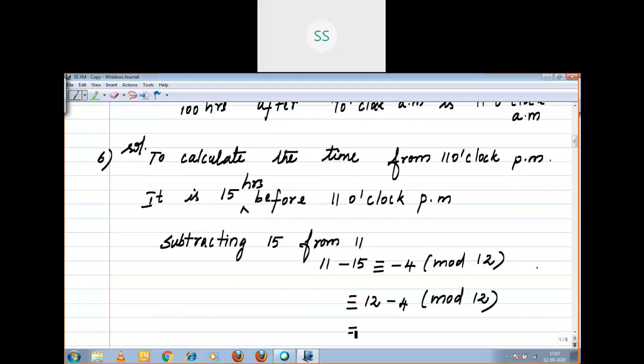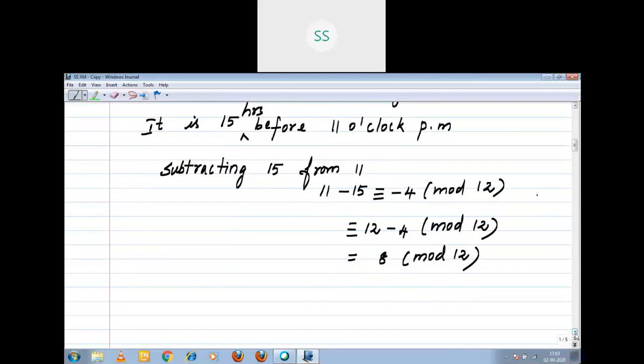Before 12 hours is there, no? So 8 modulo 12. That means the answer is 8 o'clock a.m. before.